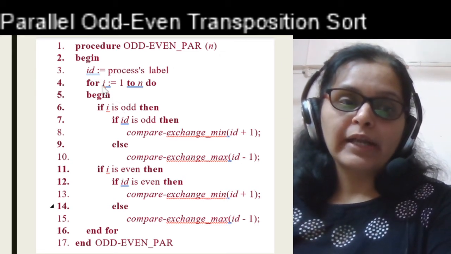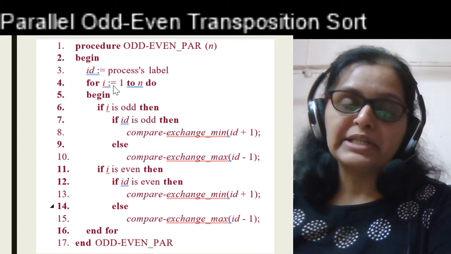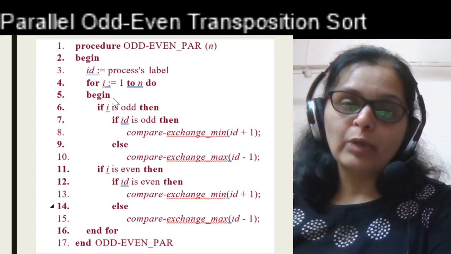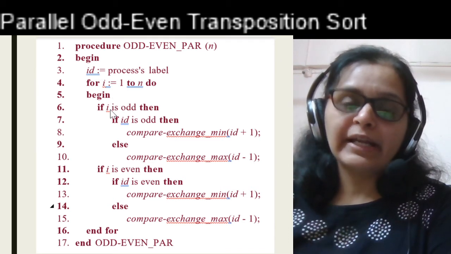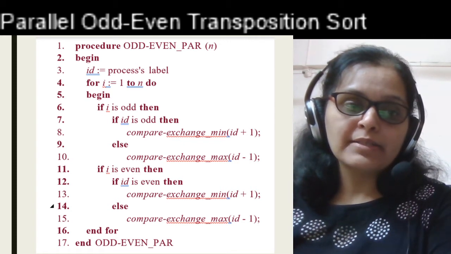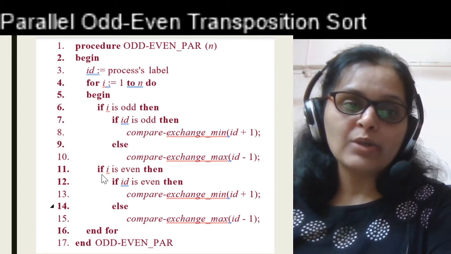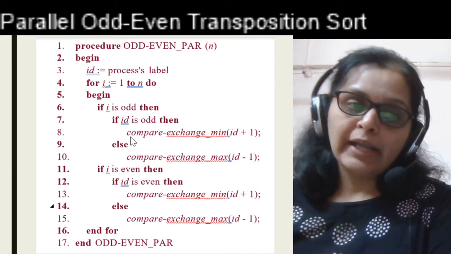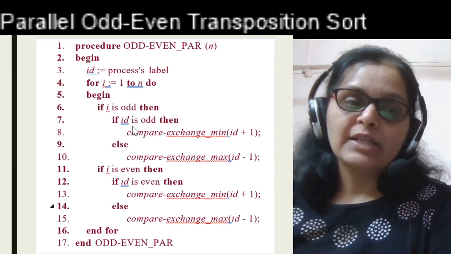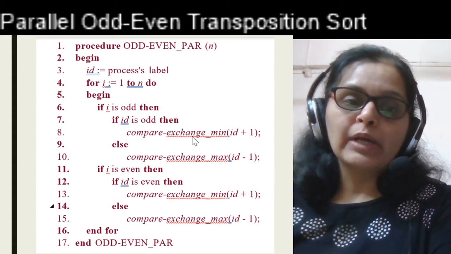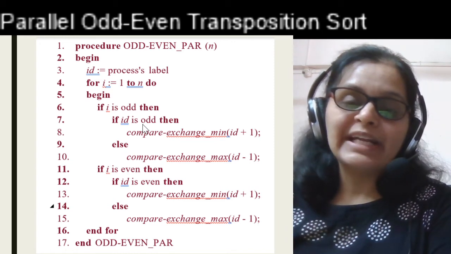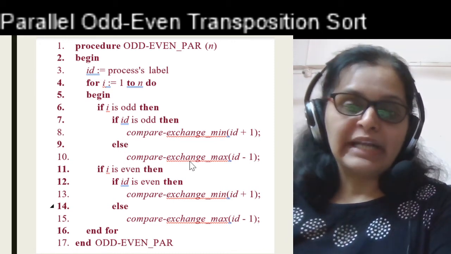And here again, a big for loop, in the big for loop it is iterating from 1 to n, and inside this for loop, again i is checked. If i is odd, and it is broken into two parts, like if i is odd and if i is even, and again go inside and again check the process id. That is, if id is odd, do the compare and exchange min, like this, and if process id is even, do the compare and exchange operation.